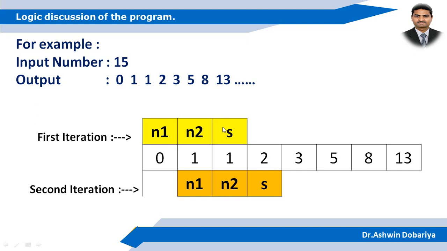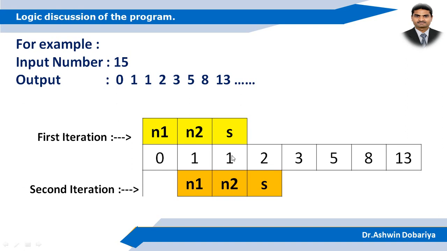Now we know how s, meaning sum, will be generated with the help of the sum of the previous 2 numbers: n1 plus n2 becomes the sum, s. This is the process for the first iteration. The same operation we have to continue up to the entered number.